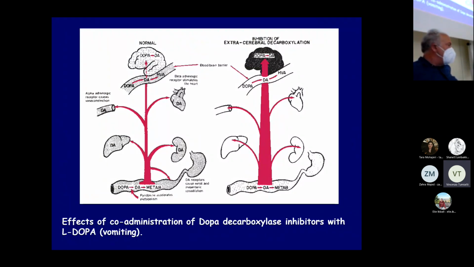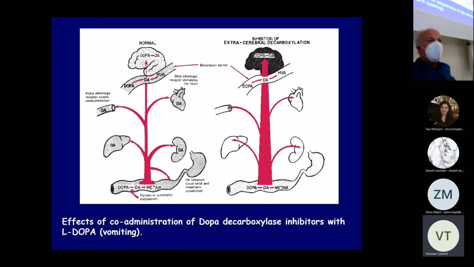If we administer a big amount of L-DOPA, L-DOPA can be transformed into dopamine also in the peripheral system, not only in the CNS.